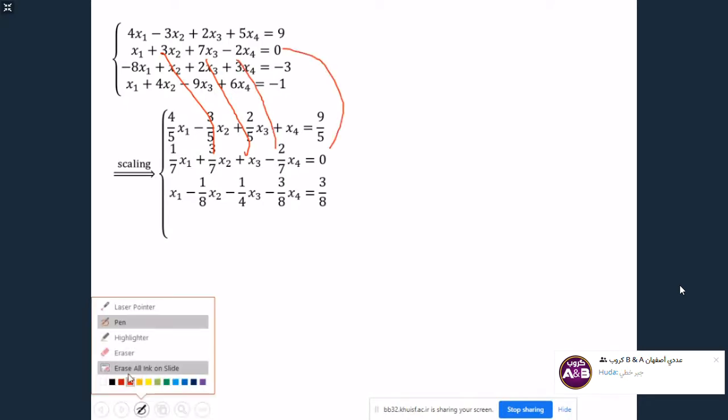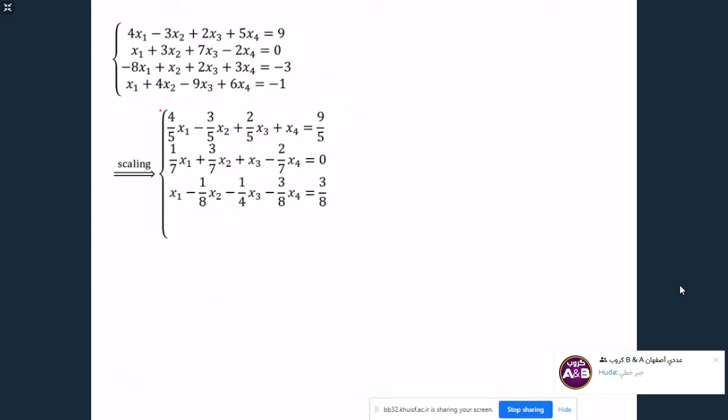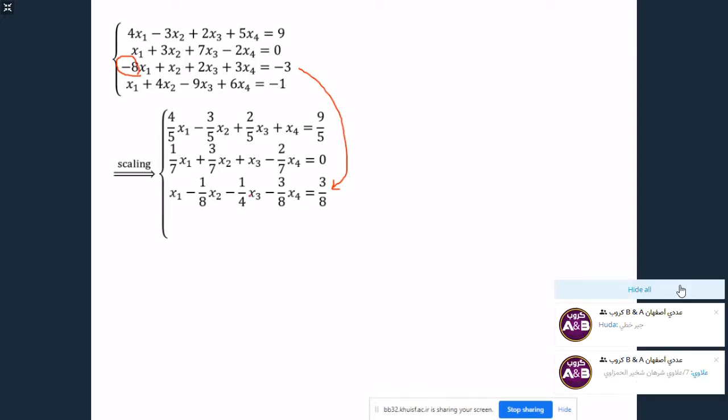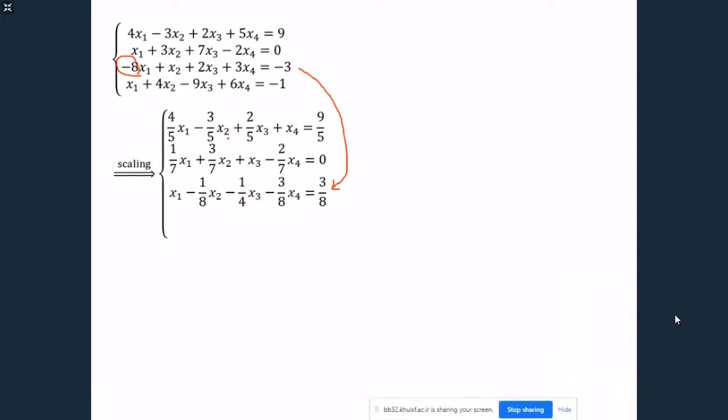In the third row, we have minus 8. So we divide by the maximum absolute value. We divide the third row by minus 8. We have x1 minus 1 divided by 8 x2, minus 1 divided by 4 x3, and minus 3 divided by 8 x4, and finally it's equal to 3 divided by 8.